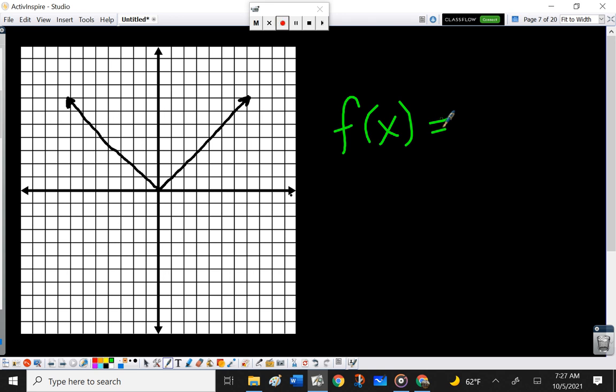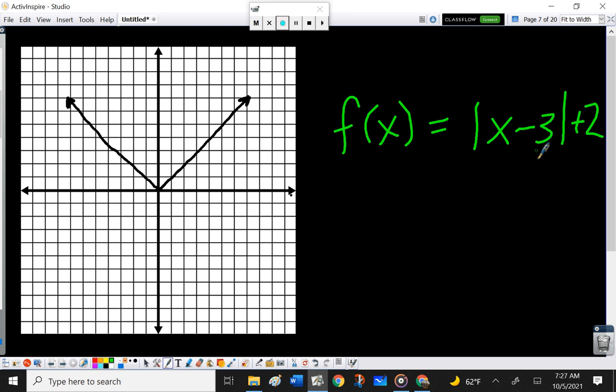F of x equals, and look what I'm going to do. The absolute value of x minus 3 plus 2.